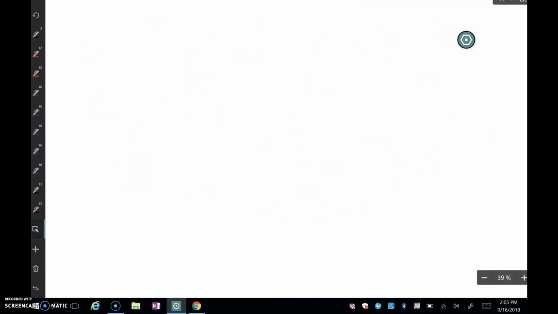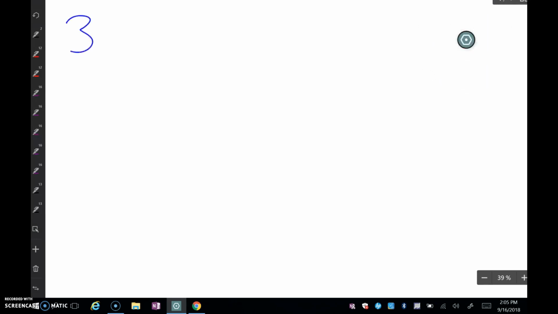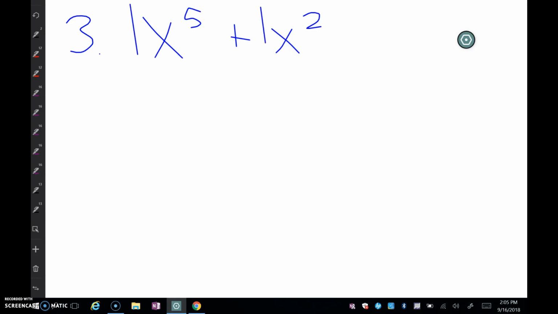Now for my third GCF example, my problem is x to the fifth plus x squared. There are understood ones in front of these x's, so there's really nothing to factor out in terms of a number.